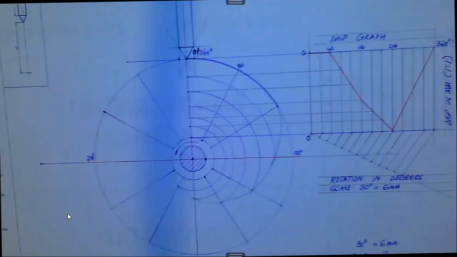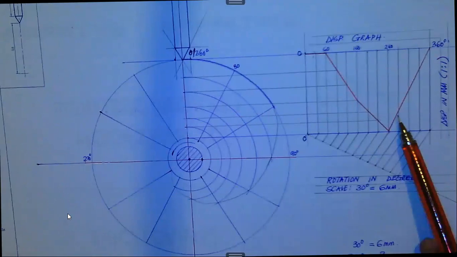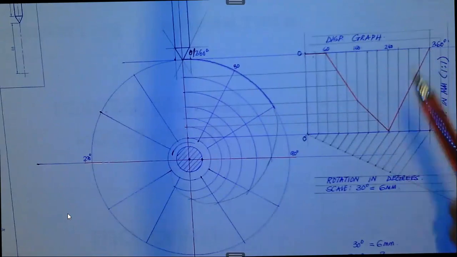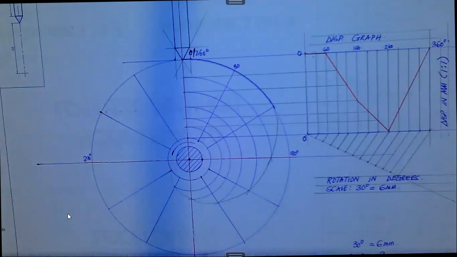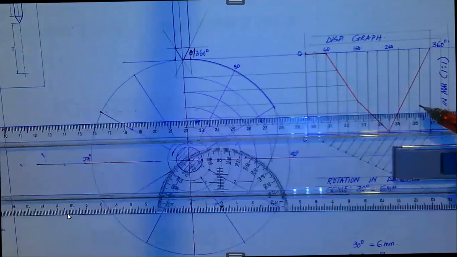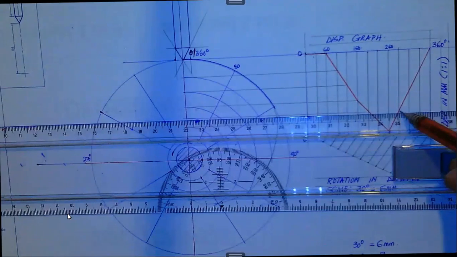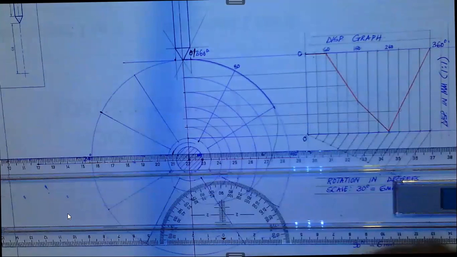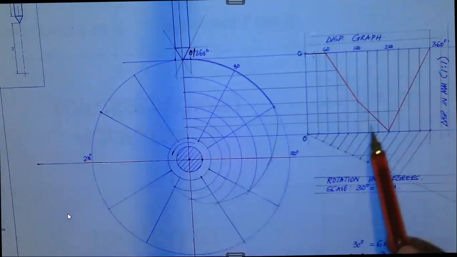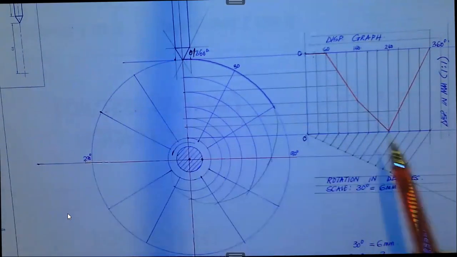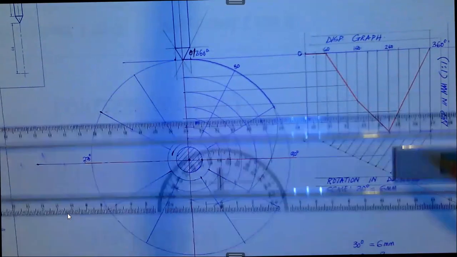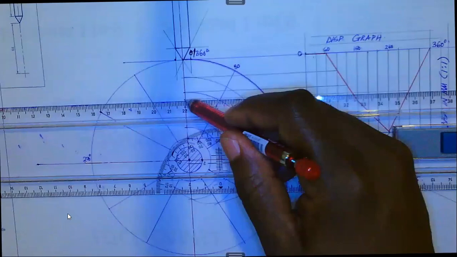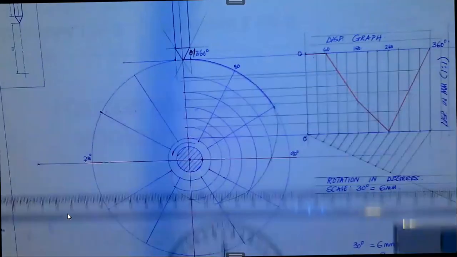Now, I'm beginning to rise from here up until 360 degrees. The process is the same. This is now 270. So you project from here, 270, which again is basically the same as 180. So this is 300. This is 330.